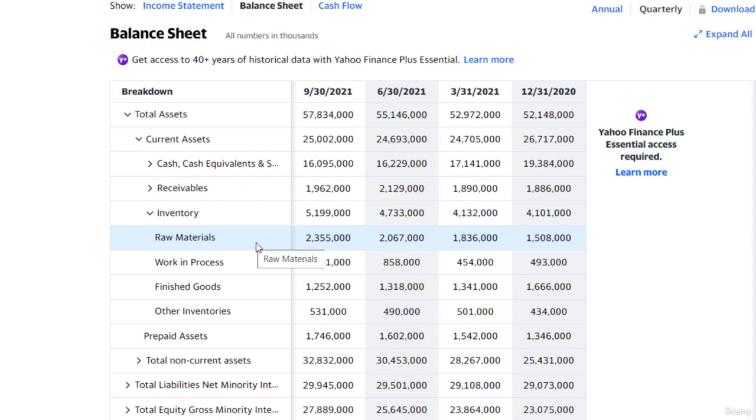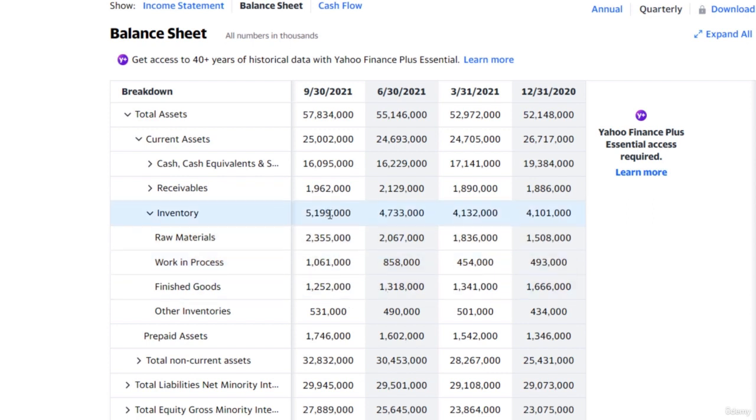Tesla probably is buying their tires from somebody else, but let's use it as an example that rubber would be a raw material. Putting the rubber on a tire would be a work in progress. And then putting that tire on and completing the car would be a finished good. A finished good is something that's now sellable. Work in progress means it's in process, and raw material is basic raw materials.